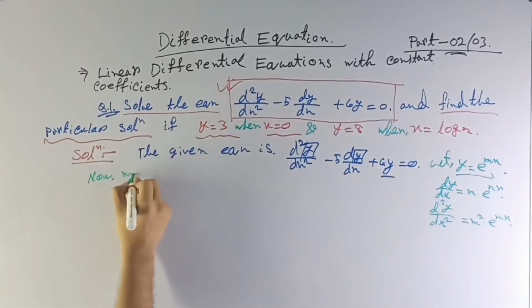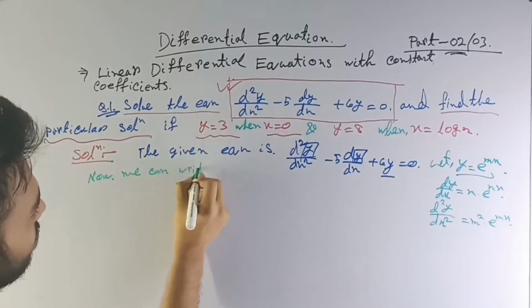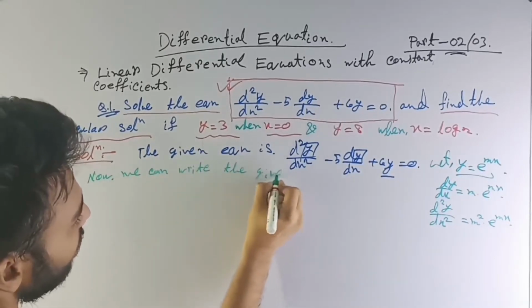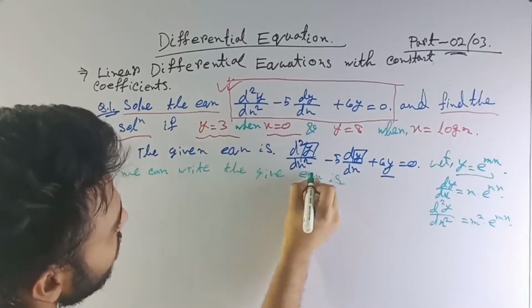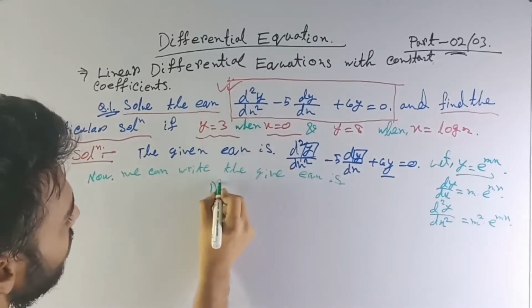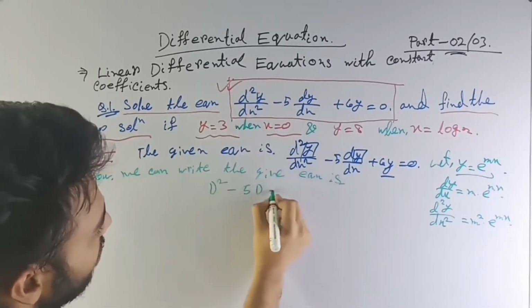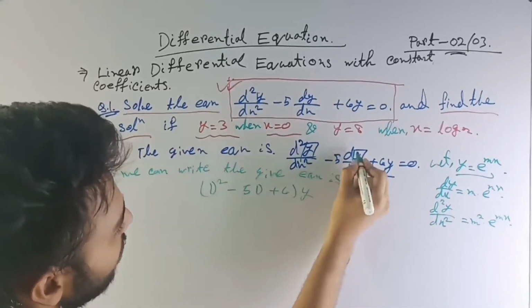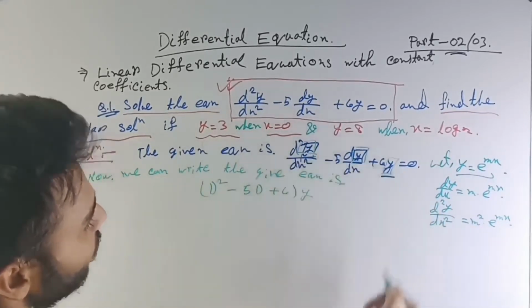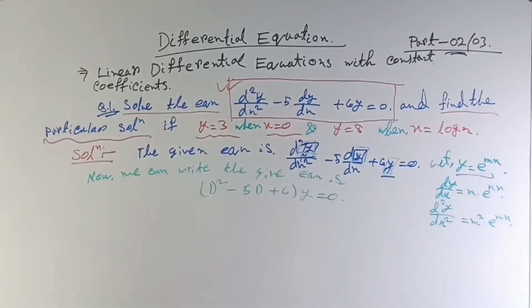So therefore now we can write the given equation as D square minus 5D plus 6, applied on y, equals to 0.